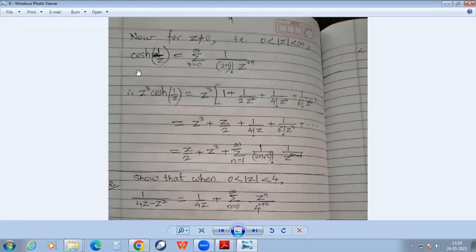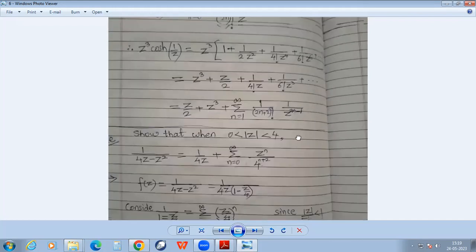There is hyperbolic cos of 1 by z that you expanded this way and just multiplied by z cube, and that is giving you only two positive terms. I mean, two positive indices of z, and the rest all are negative powers of z. It is extending to this side. Okay.